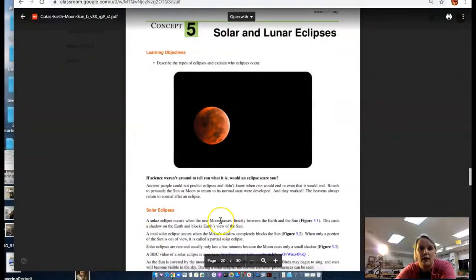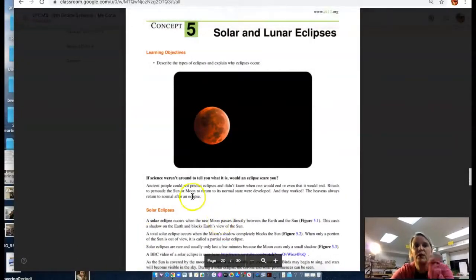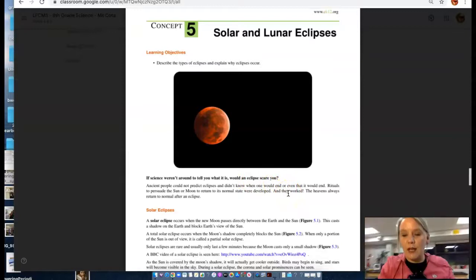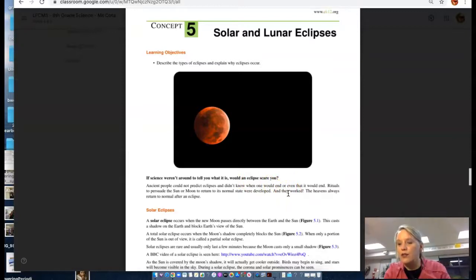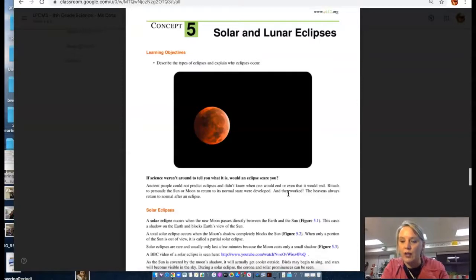Okay? If we go back to the book, it says ancient people could not predict eclipses and didn't know when one would happen or even if they would end. And so it totally freaked them out, right? I mean, imagine if you didn't have a good understanding of how the Earth, Moon, and Sun were arranged in the sky, and all of a sudden during the day the sun turned black during a solar eclipse.